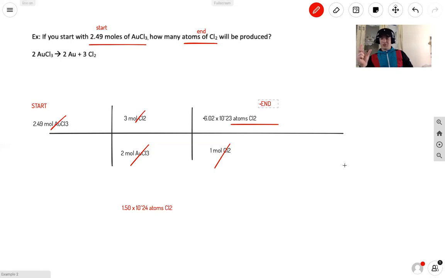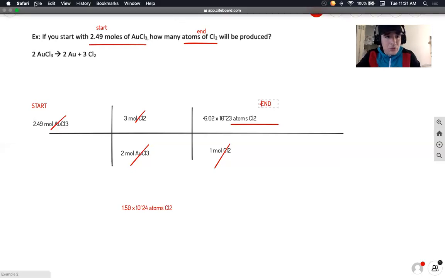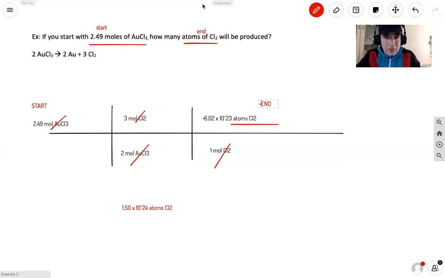Set up the problems, put that picture in the Word document, and send it. To make things easier, you can just email me a picture of your work, or you can upload it into the Schoology assignment in that Word document. So let me show you the stuff I was talking about earlier.